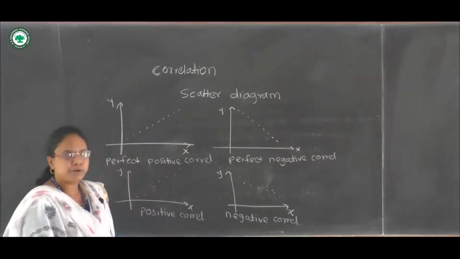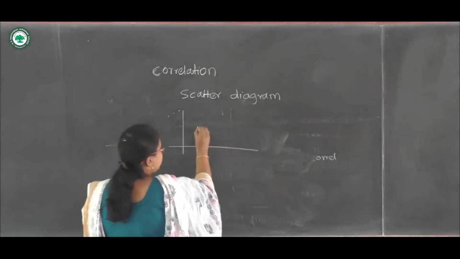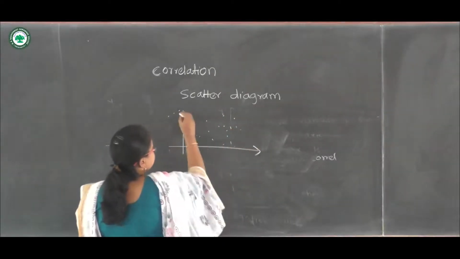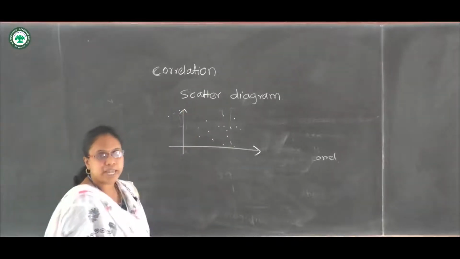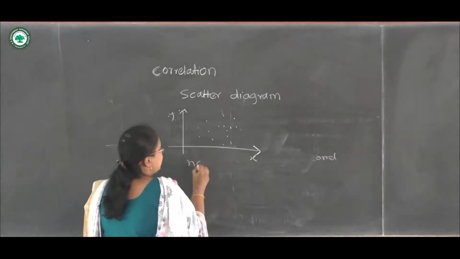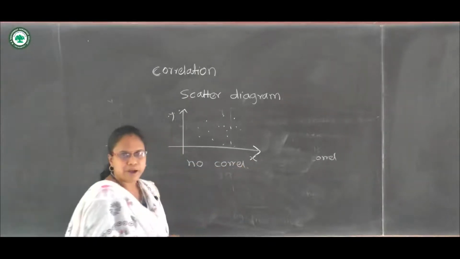Let us see some more scatter diagrams. Suppose the points are scattered on a graph in a random manner, so it does not show any pattern. Then we say that there is no correlation between x and y.